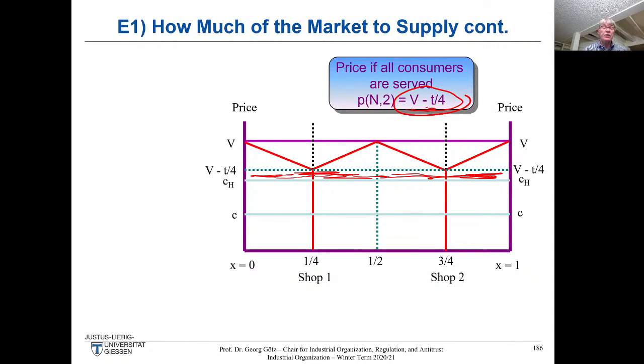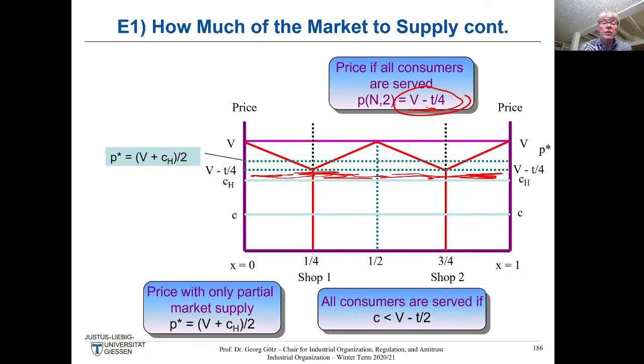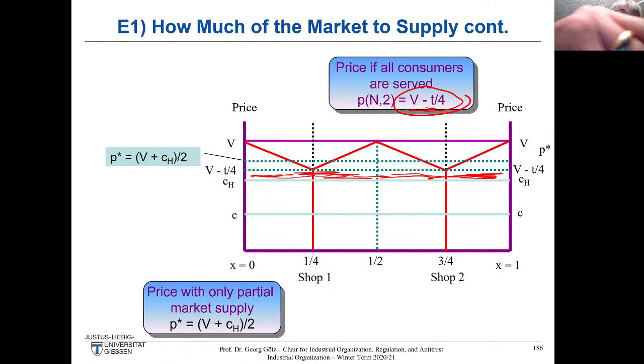If you, on the other hand, introduce a monopoly price, you would no longer serve everyone. This would be your price, so you would serve only up to here, but then this part here would probably be larger than the other.